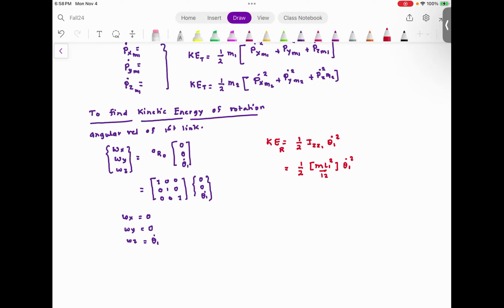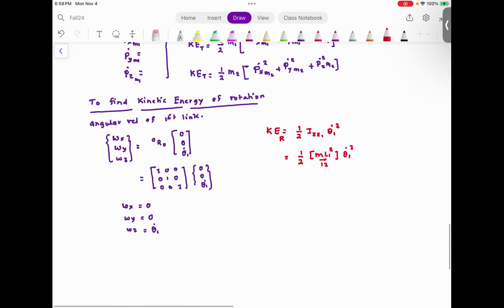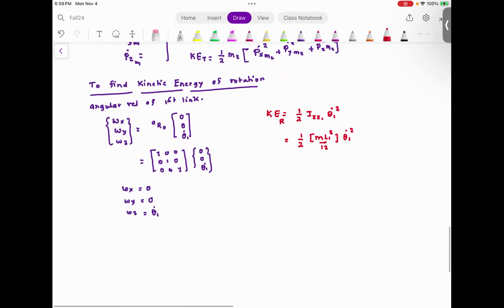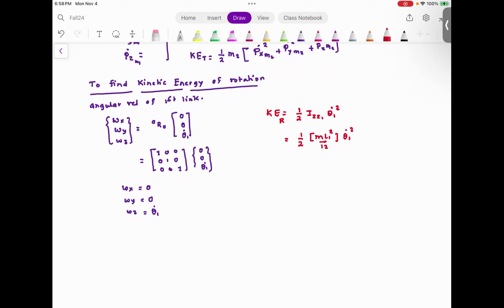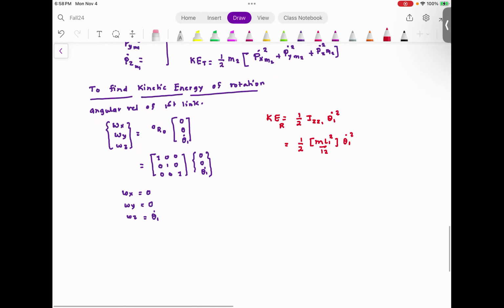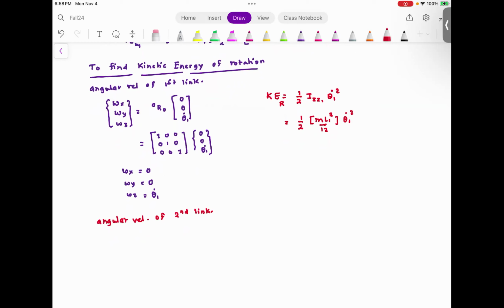Now I need to find out the kinetic energy of rotation for the second link. To find it, I need to find out the angular velocity of the second link. I'm going to write this down.